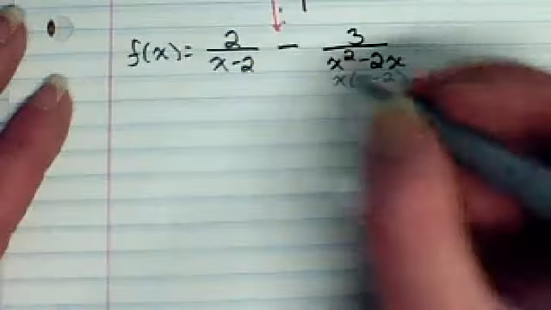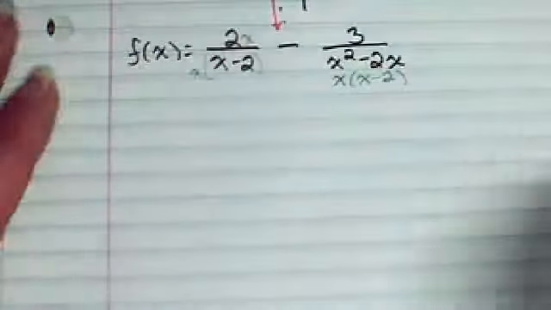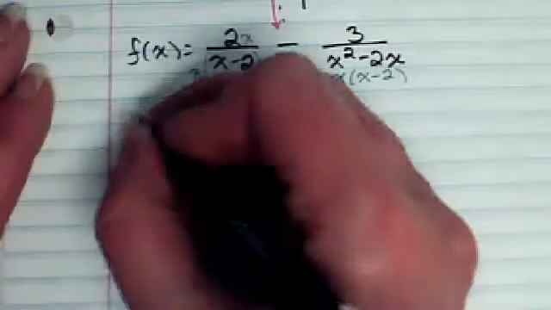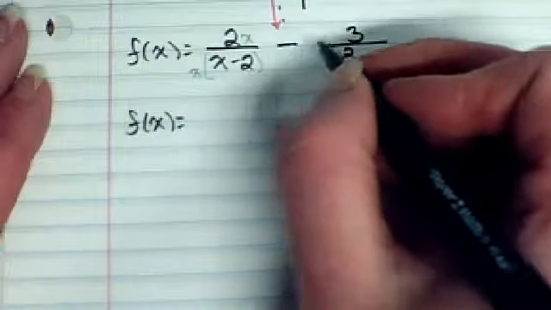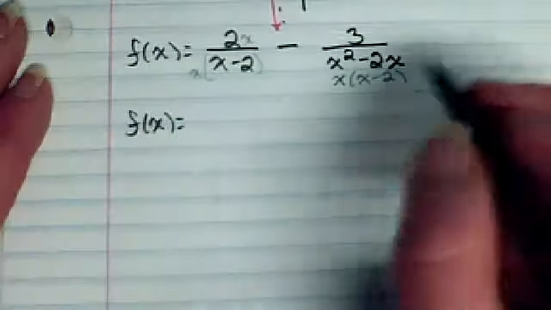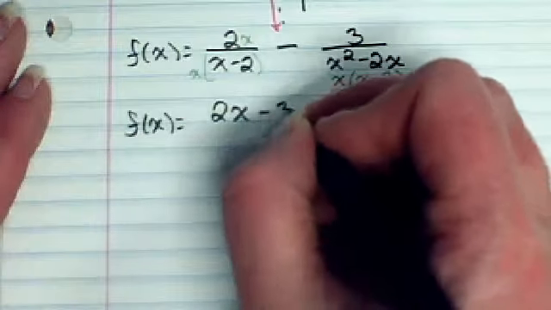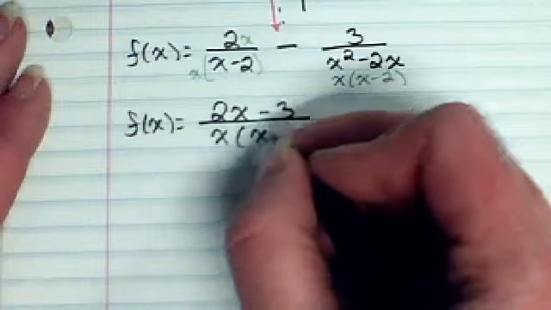Right? x times x minus 2. So this one needs an x. So I need to multiply the numerator and denominator by the x. So that's going to give me a 2x minus 3 over x times x minus 2.